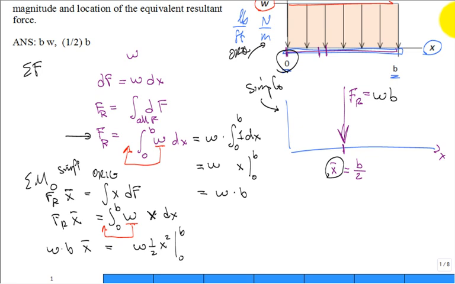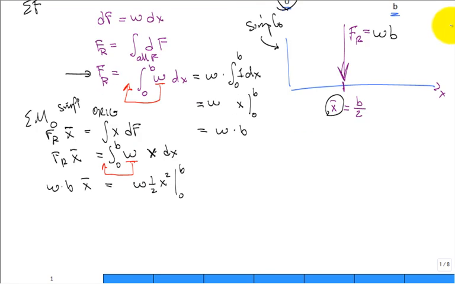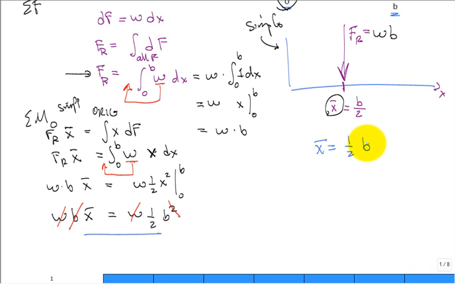So this becomes W times 1/2 B squared. What about the other side? W B X bar. So let's cancel the W's. Let's cancel one of the B's. And we're left with the result that we anticipated, that the proper location is equal to 1/2 B. Bingo.